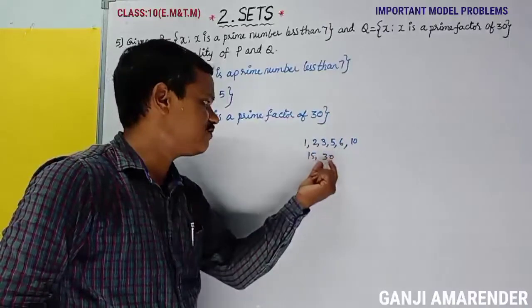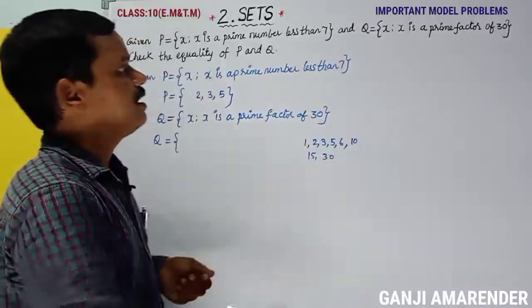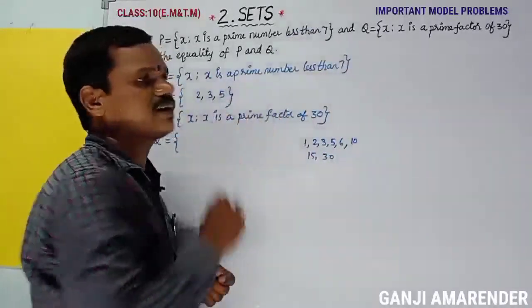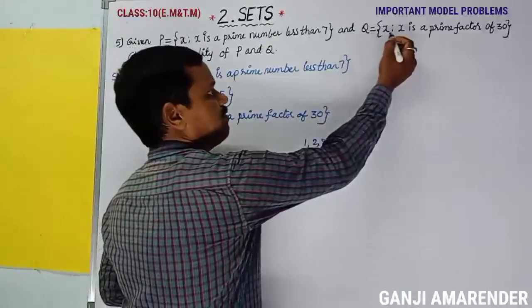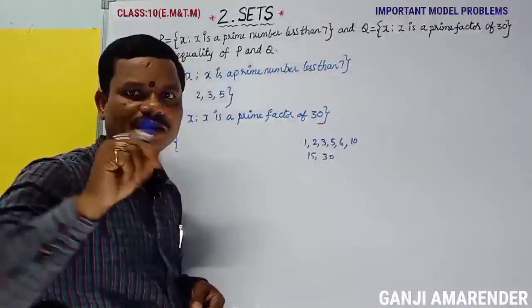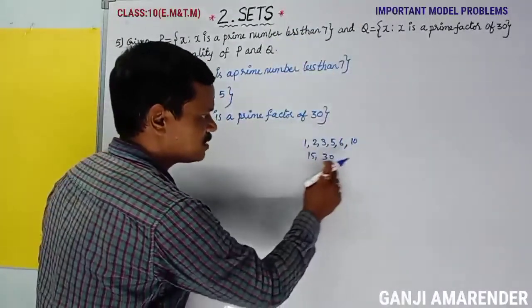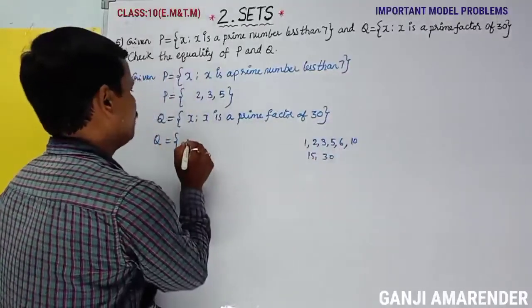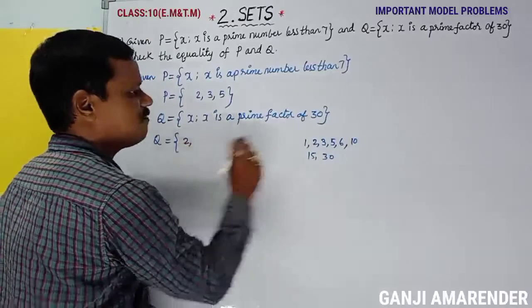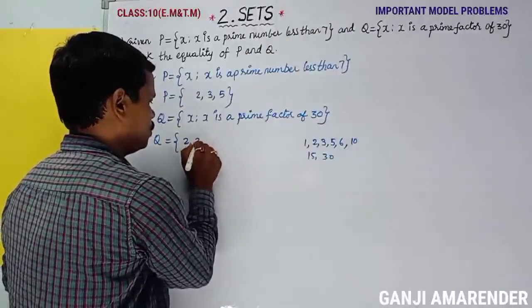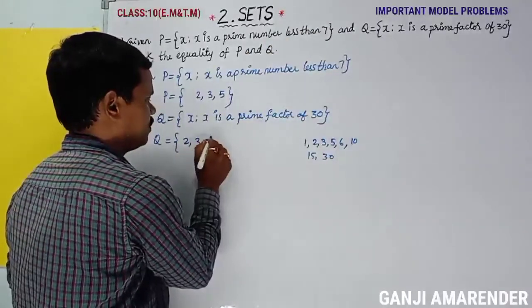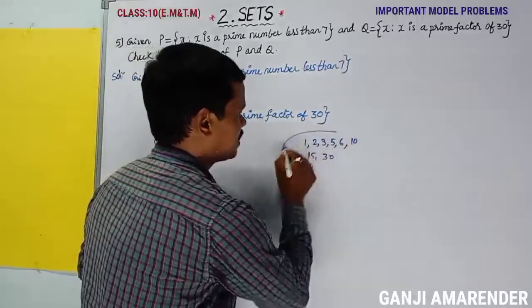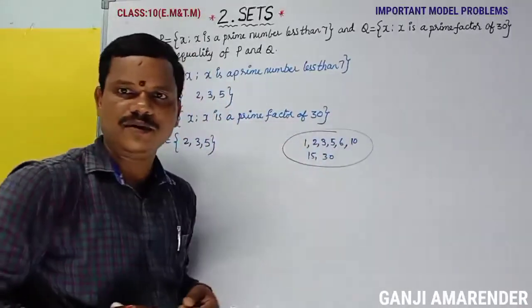So these are all the factors of 30. Here x says that x is a prime factor of 30. Now what are the prime numbers in these factors? 2, 3, 5 are the only prime factors of 30.